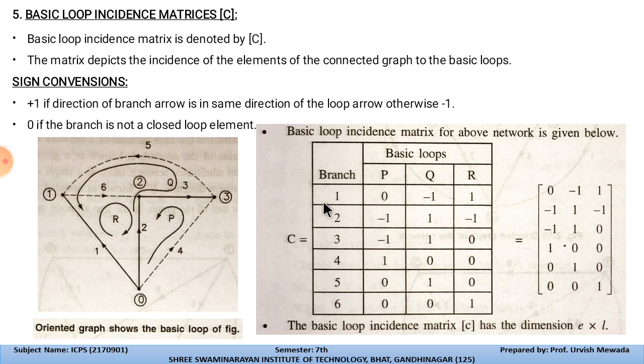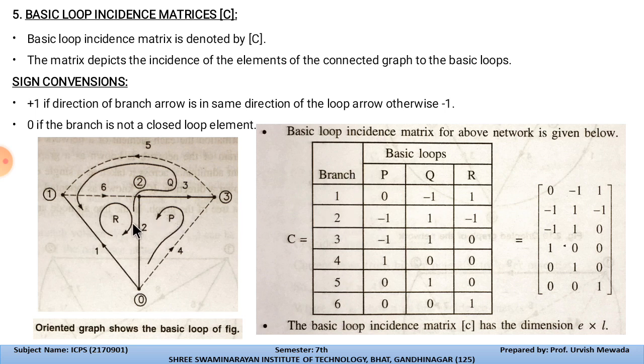Now for branch 1 to Q, here this is the Q. So 1 and Q are both in the opposite direction, so that's why it is taken as minus. And R, in this R you can see that this is the direction. The direction of 1 and the direction of the loop are both the same, so it should be 1.